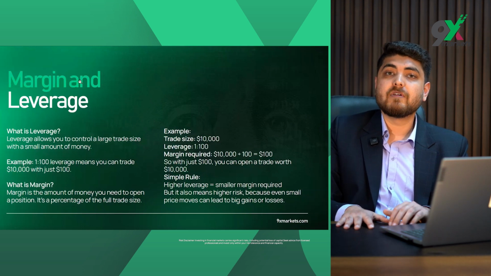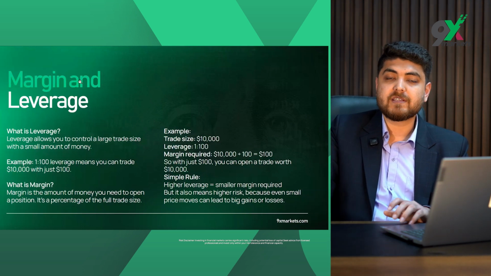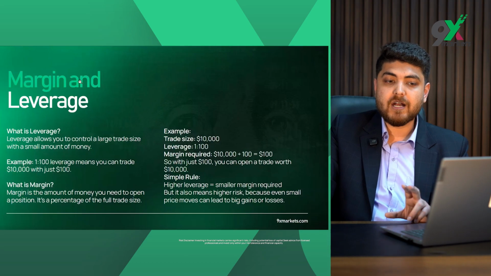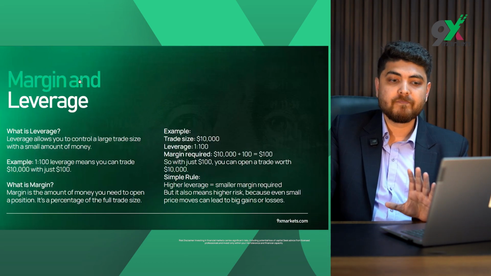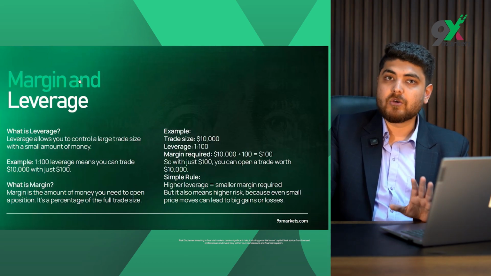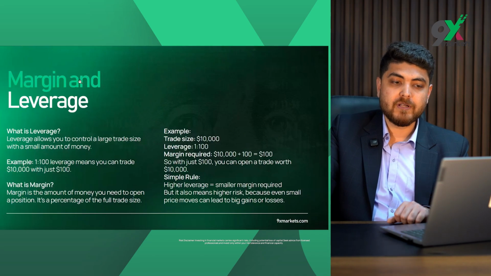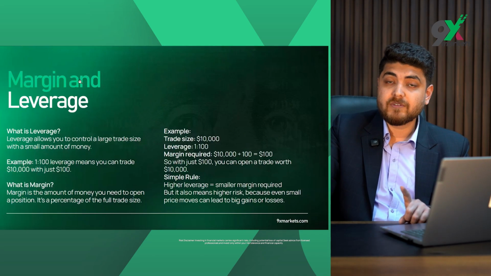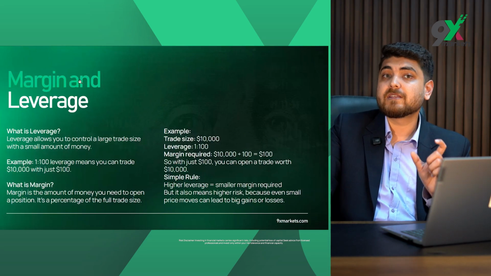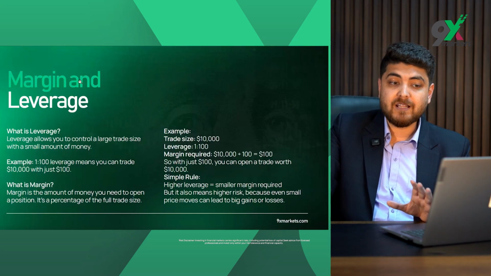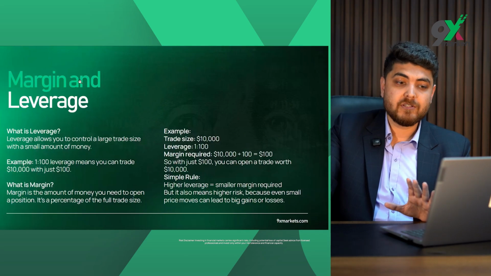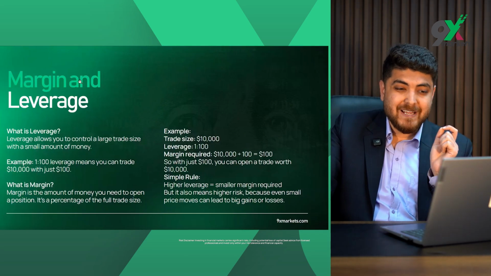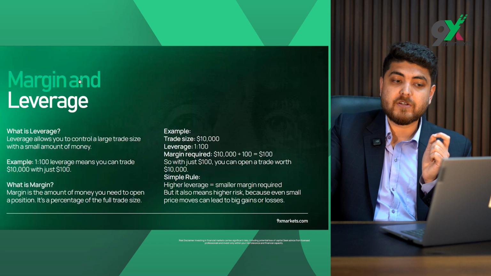That means if you want to open a trade of this size, you should have $100 of free margin in your MT5 account so that you can open another position. So with just $100 you can open a trade worth $10,000. You see the biggest difference here, that a $10,000 trade can be opened with just $100. And the simple rule is, the higher the leverage, the smaller the margin required.